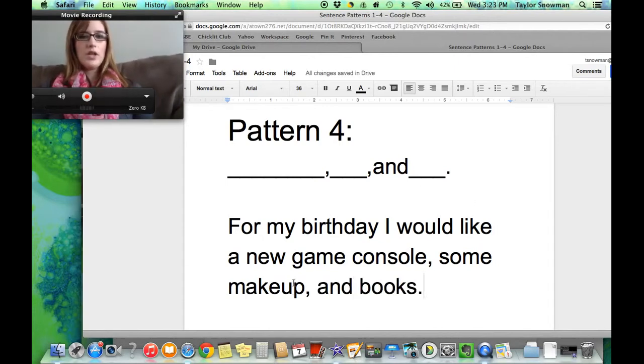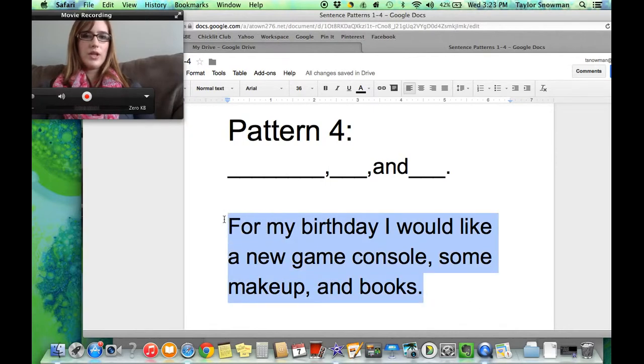Okay, so between each thing, I have a comma to show it's like a short list. It's something else that I want. So for my birthday, I would like a new game console, comma, some makeup, comma, and some books. So always commas between there on a short list.